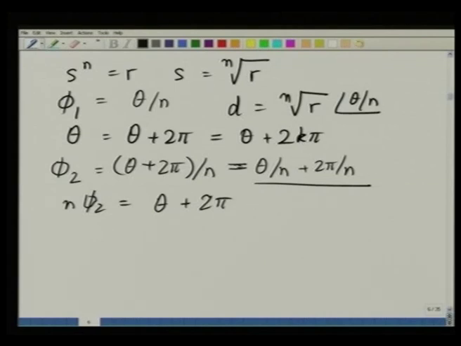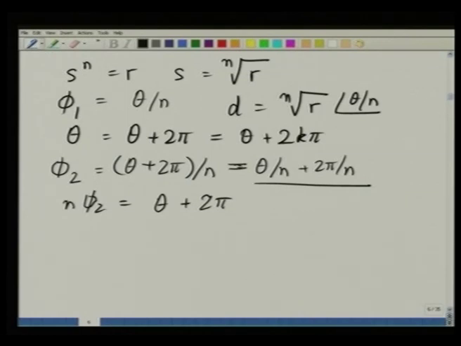Thus, phi 2 is another legitimate angle that can be assigned to the nth root of C, or equivalently, another choice for D, for the angle of D.